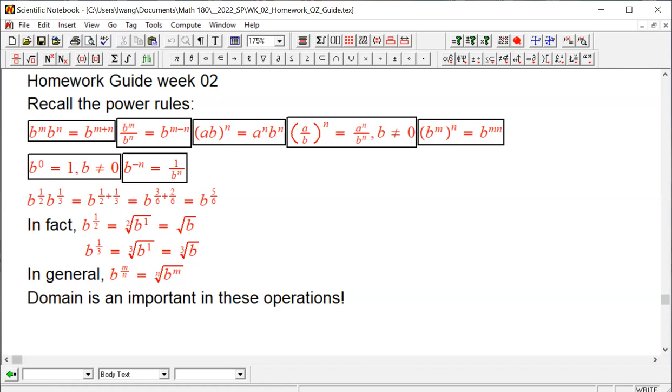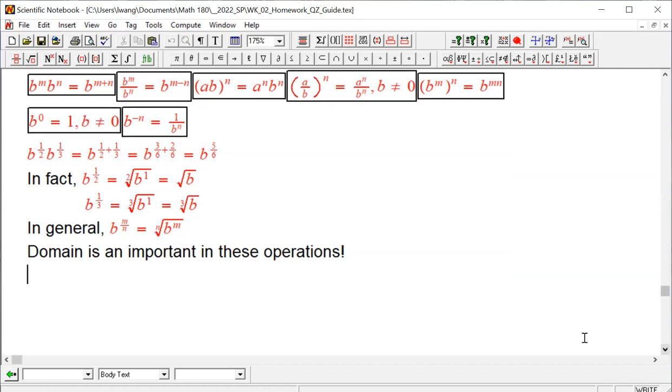Okay, for example, some students will say, hey, the square root of x squared, right? This is a square root. Some people will do this. They say, oh, there's a root 2 there, right?